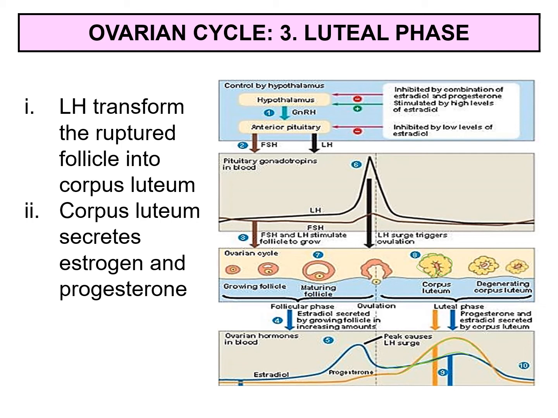This is why, when we approach the end of the menstrual cycle or ovarian cycle, the amount of progesterone is high and the LH will decrease rapidly.